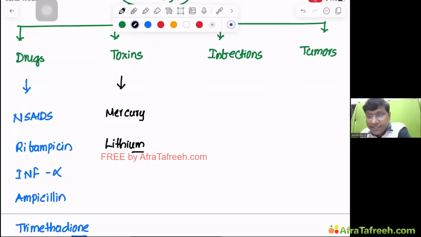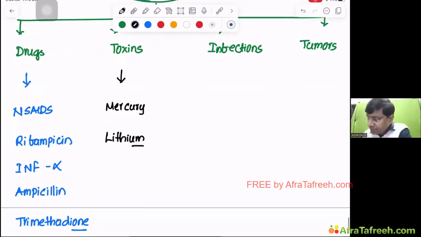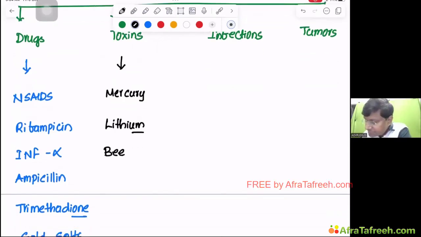That is nephrogenic diabetes insipidus. That is one point. And yes, Vinita and Soumya, correct, that is hypothyroidism as well. Lithium will also cause hypothyroidism. Then another important toxin is the bee sting. Even this will cause minimal change disease.